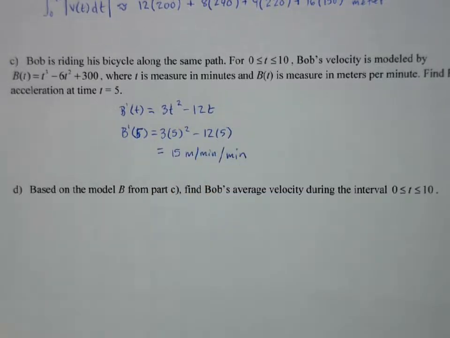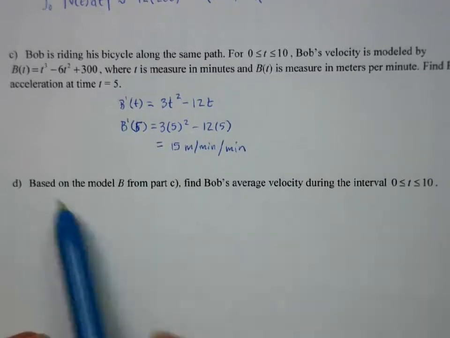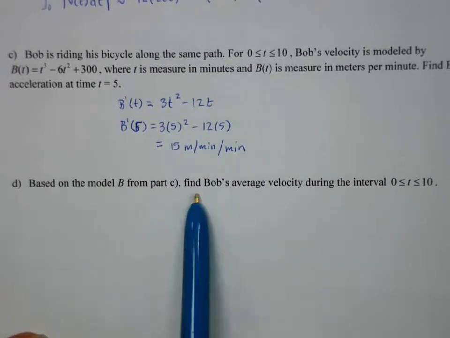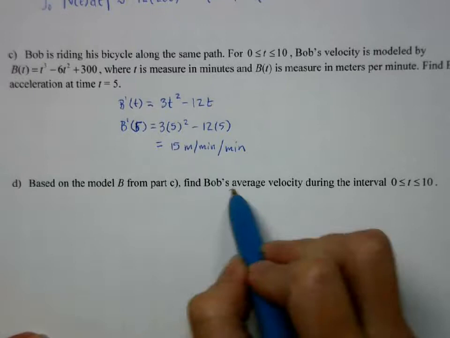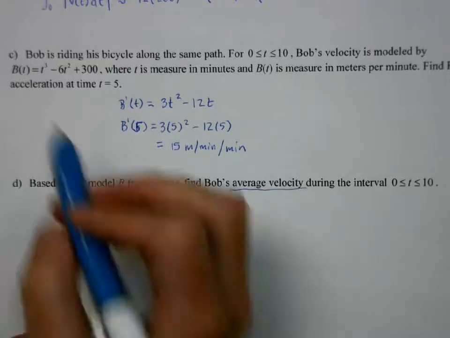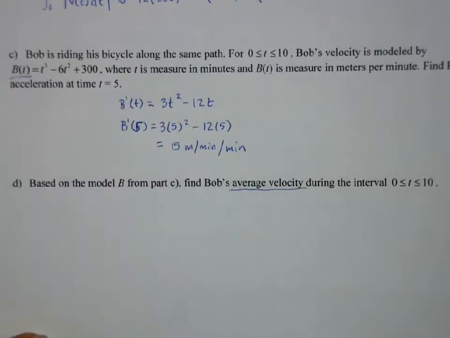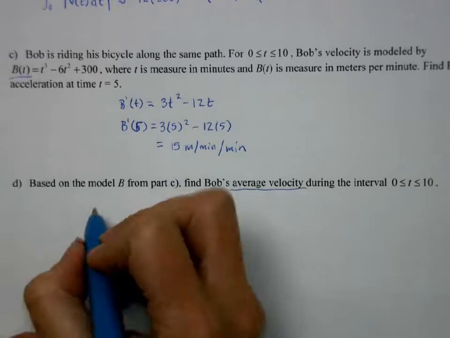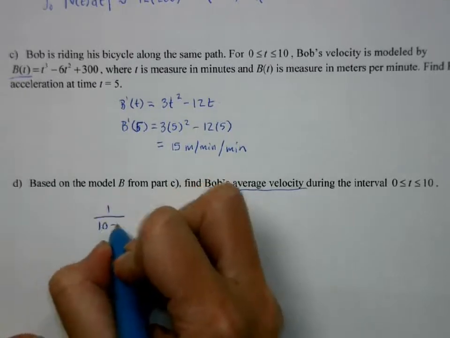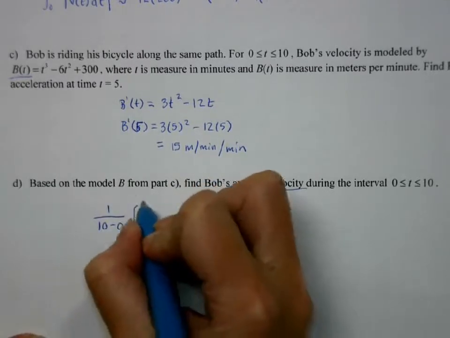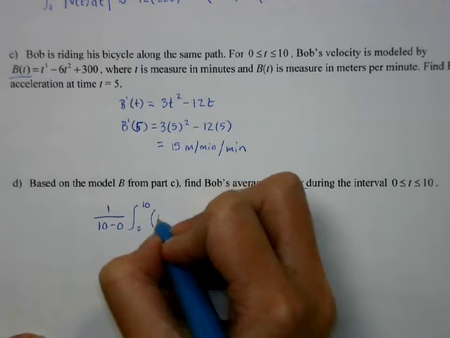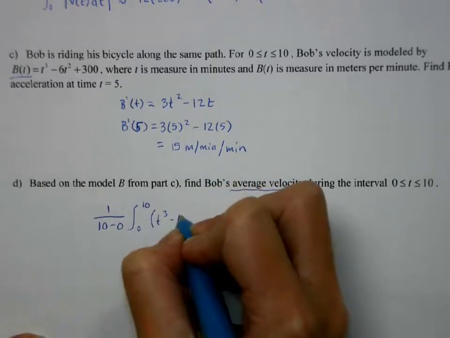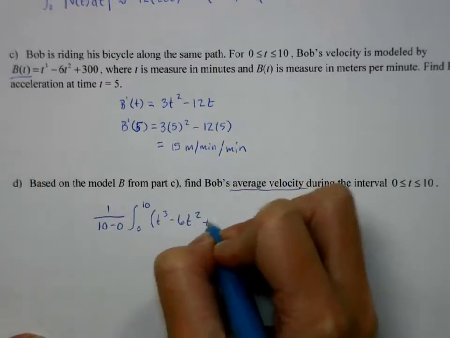Okay, part D, based on the model B from part C, find Bob's average velocity. Well, here's his velocity. So his average velocity will be 1 over 10 minus 0 times the integral from 0 to 10 of t cubed minus 6t squared plus 300.